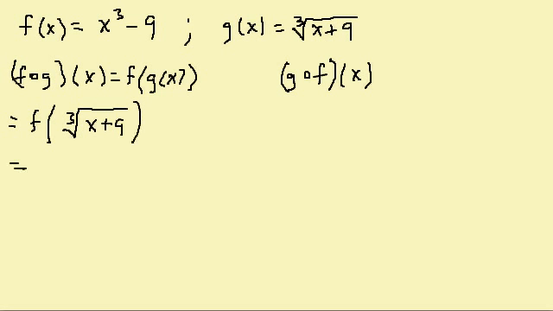So now I'm going to take the cube root of x plus 9 and I'm going to plug it in for x. I'm going to take this and plug it in here for x. So I have x cubed, and in the place of x I'm going to put the cube root of x plus 9, and that's cubed, minus 9.